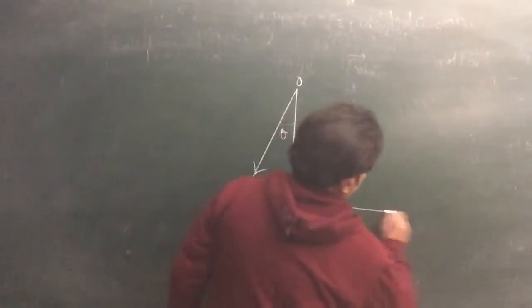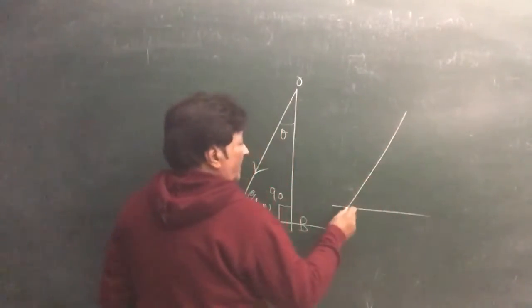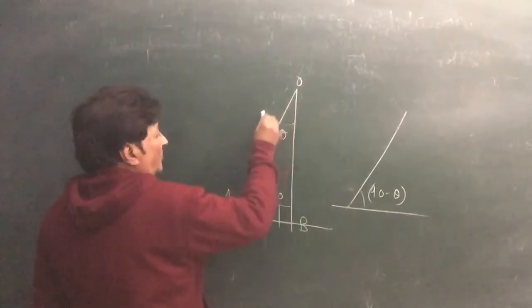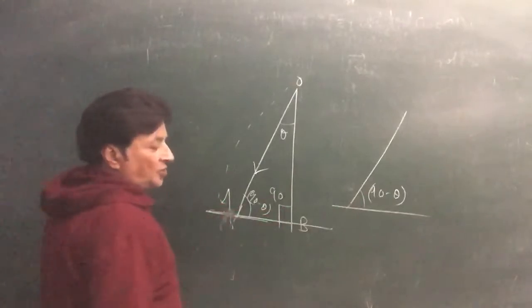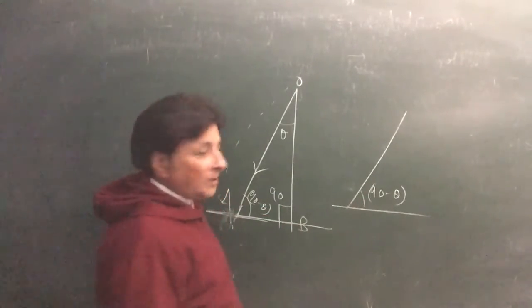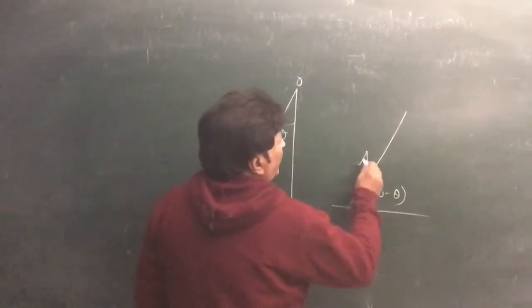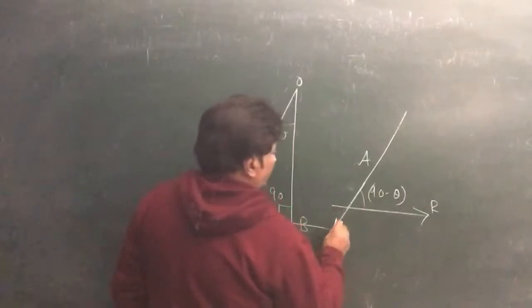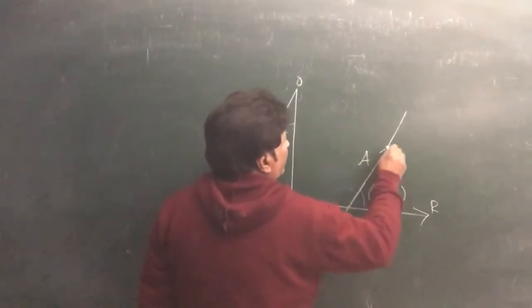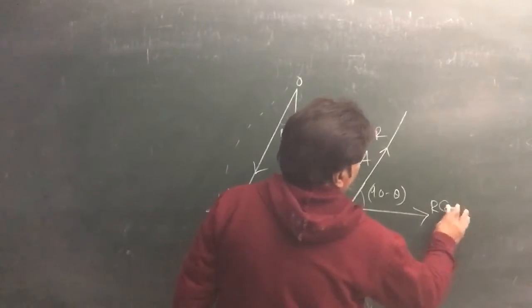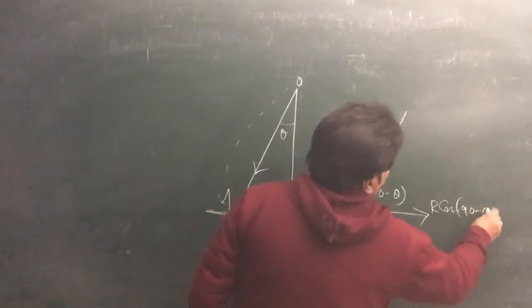I'm making one more figure here. So this is 90 minus theta. I'm taking out this portion here. This is 90 minus theta. Correct? Now, this is an action, and this is reaction. The reaction is R cos 90 minus theta.